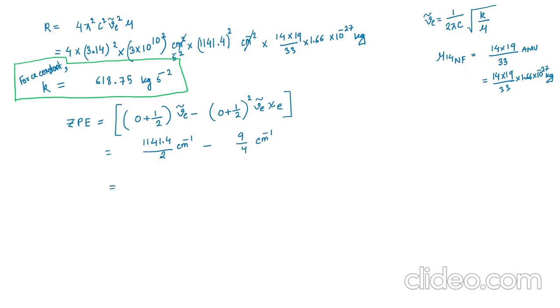So let me calculate: 1141.4 divided by 2 minus 9 divided by 4, that is 568.45 centimeter inverse. Okay, so this is your zero point energy.